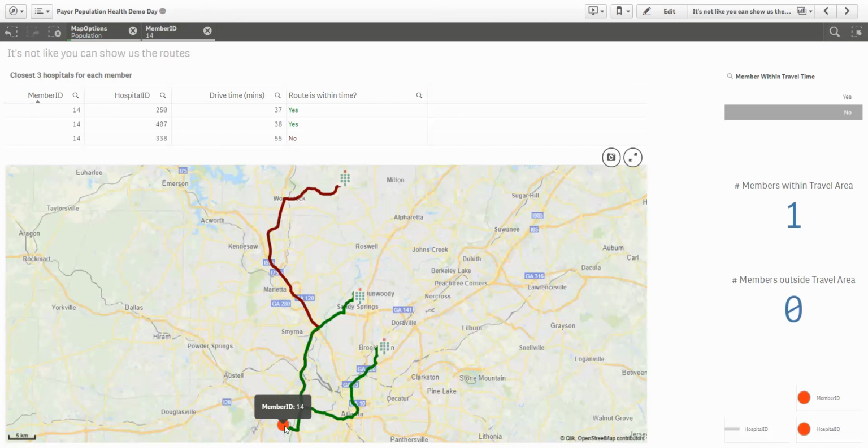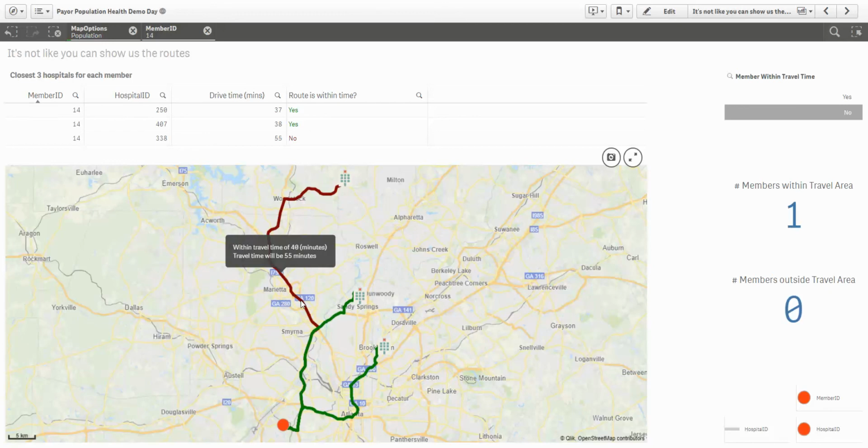I'm showing the route that is within the travel time in green, and you'll see that I can hover over routes and get information about that route. This one takes 38 minutes. It's also in green. This route is 55 minutes. And so, yes, we can actually calculate routing as well.